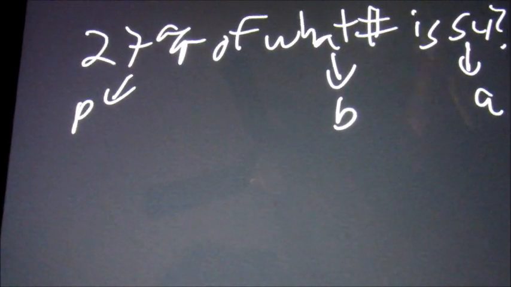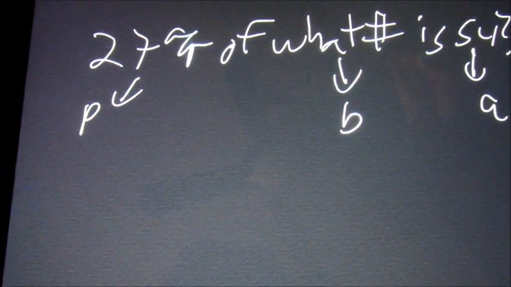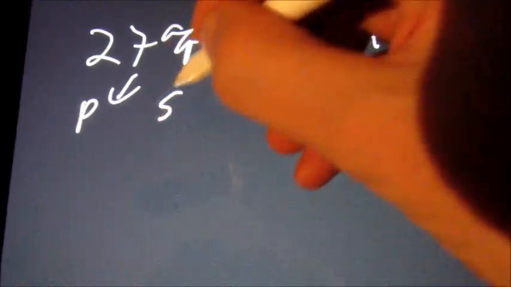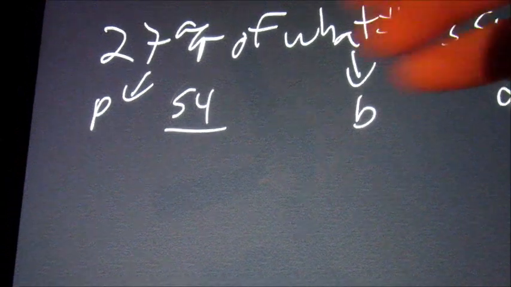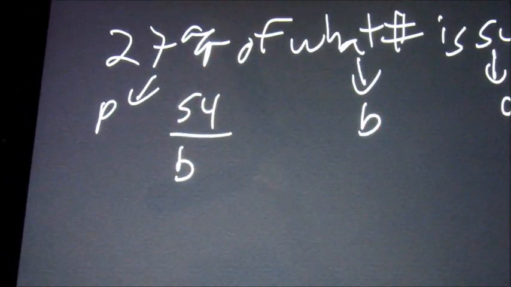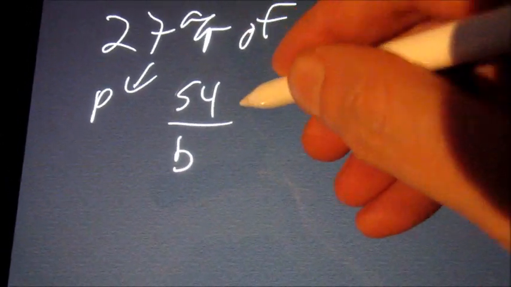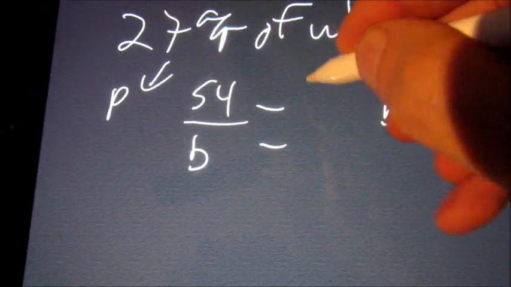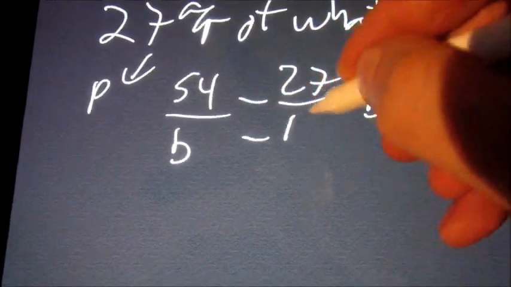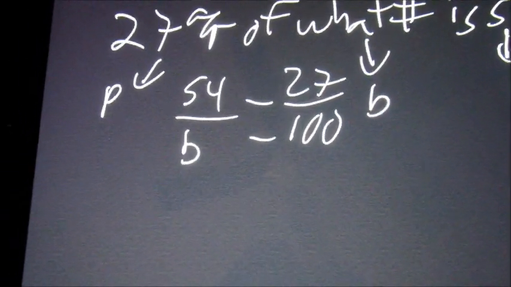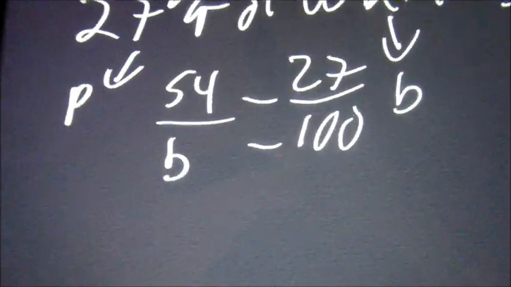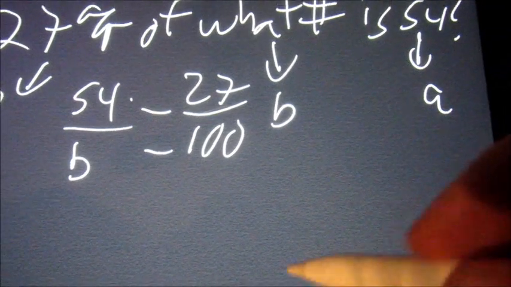A is 54. We don't know what B is, because that's what number, that's what's next to the of, equals 27 over 100. Now what we do is cross multiply.